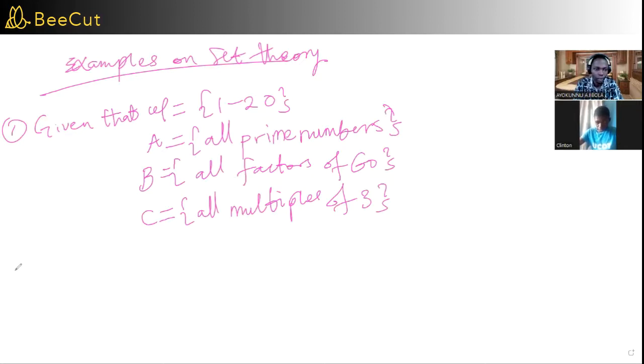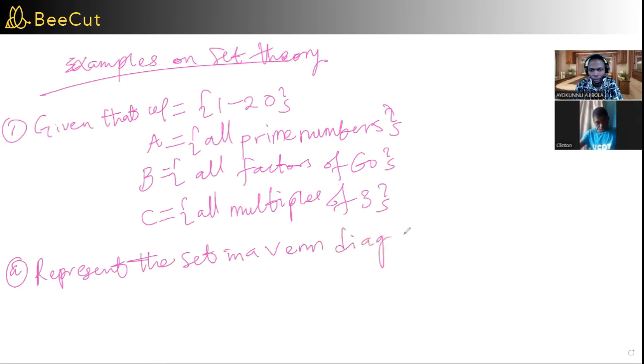Now, let's say the question says represent the sets in a Venn diagram. Let me write that: Venn, V-E-N-N, Venn diagram. So that is what you need to do.